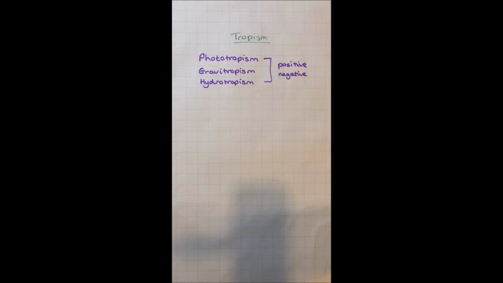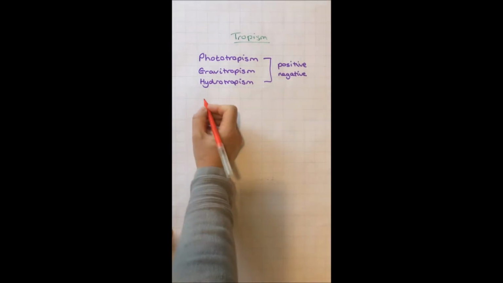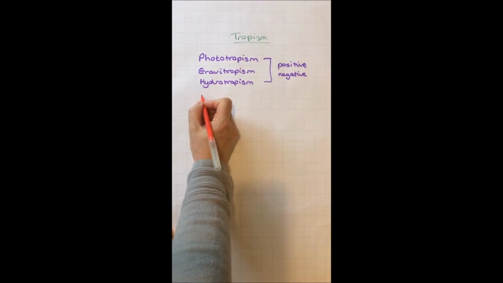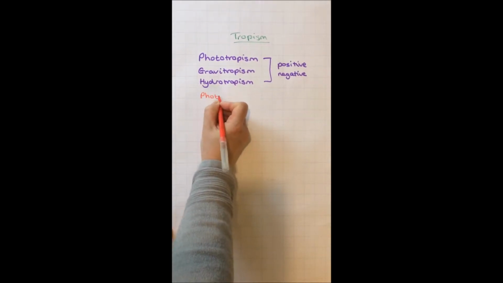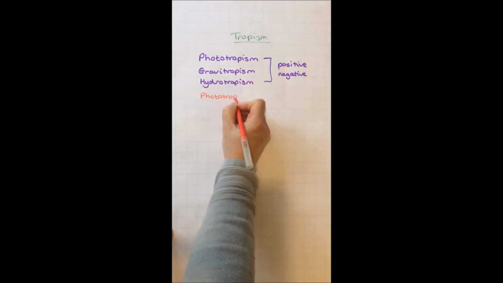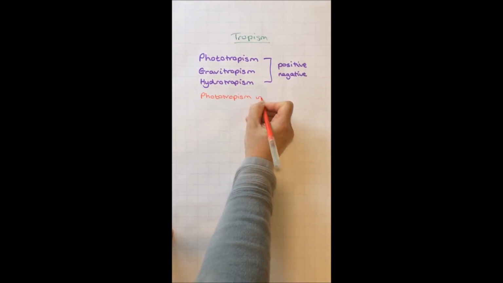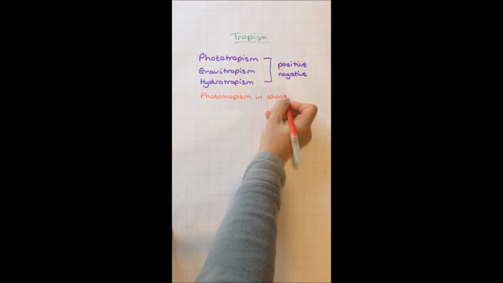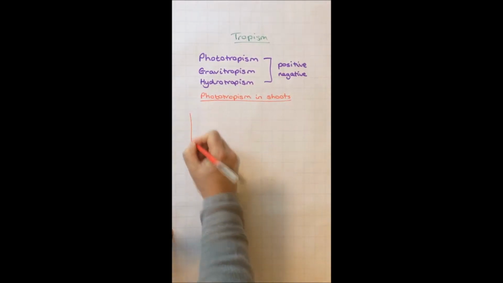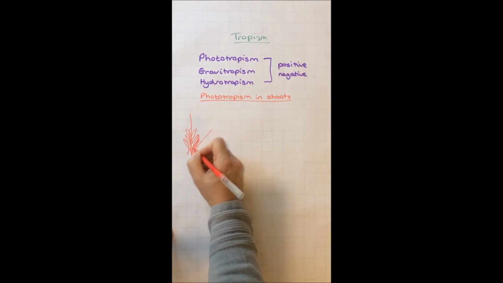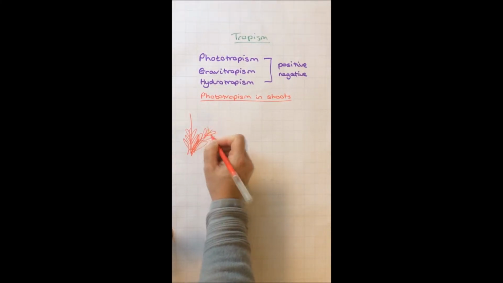Now you need to know a little bit about phototropisms in shoots and in roots. So let's have a look first at a shoot. So what we're talking about here is a plant. If you imagine a plant, here it is, and we're looking at the actual tips of the plant.